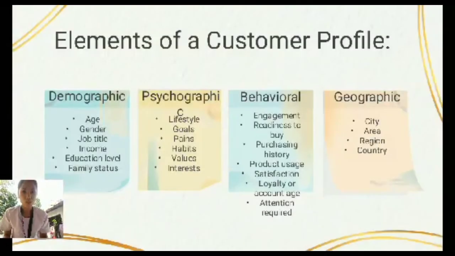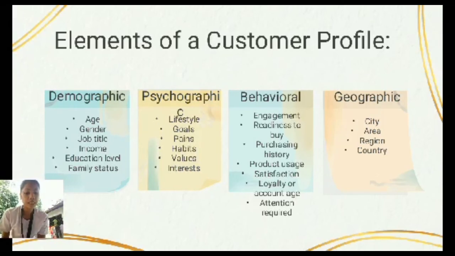So hello everyone, I am Chari Essentialist, and my task in the group is to report the elements of a customer profile. There are 4 elements in a customer profile. First we have demographic. Let us know first what is demographic. Demographic is one of the key elements of customer segmentation.